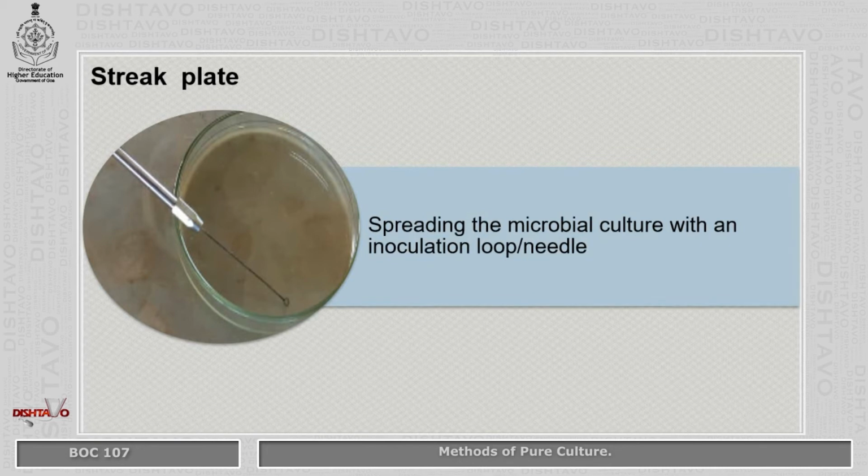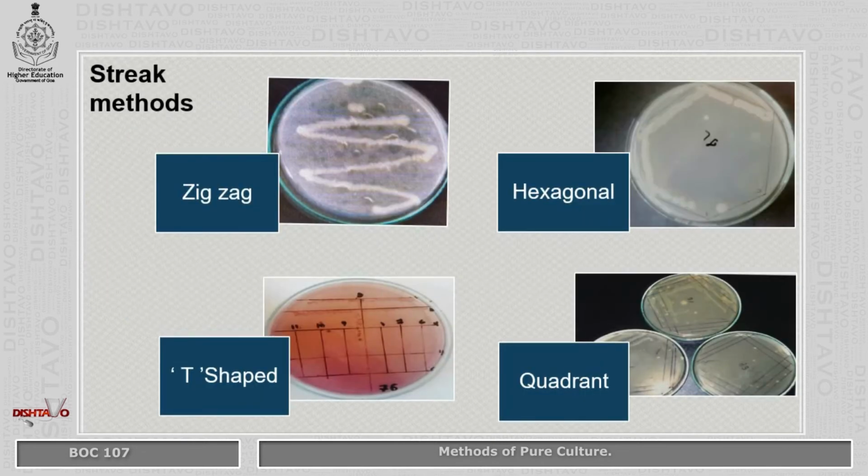Depending on the type of streak or depending on how we move the inoculation loop on the media, we subclassify the streak plate method into zigzag method, hexagonal method, quadrant method and the T-shaped method.